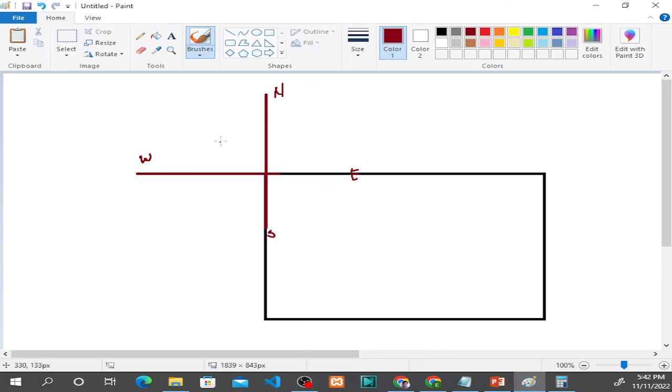All right, so we now draw the triangle, and we know that this is point A, which is the origin. Okay, this is point B, and then you go to point C.